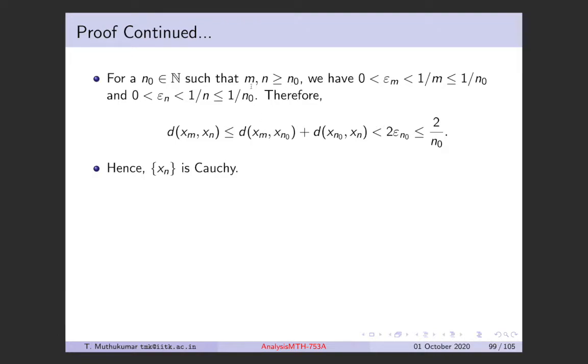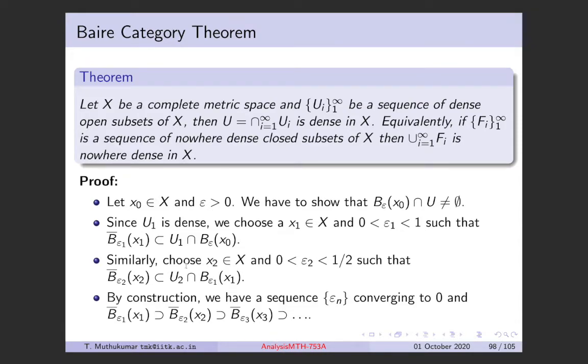Now, because m and n are bigger than n naught, and you have this nested property, the balls of radius epsilon m and epsilon n are contained in the epsilon n naught ball, because n naught is smaller than m and n.